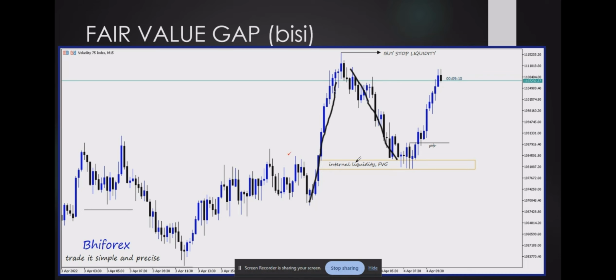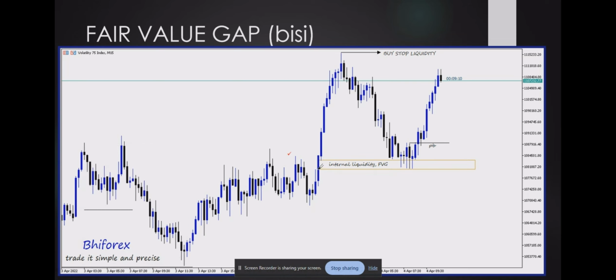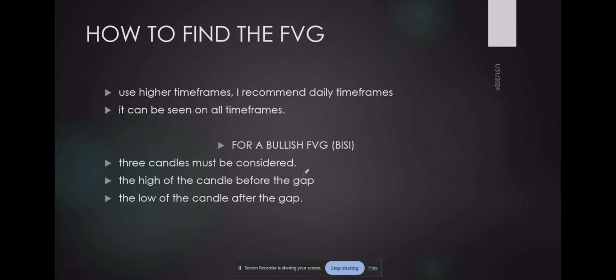So internal liquidity was filled, and you can see from the gap, we can always figure out what the high of that gap is, what the low of the gap is, and what the mean threshold of the gap is. Now, the candle to the left, like I showed you on the previous chart, how do you identify a bullish fair value gap?